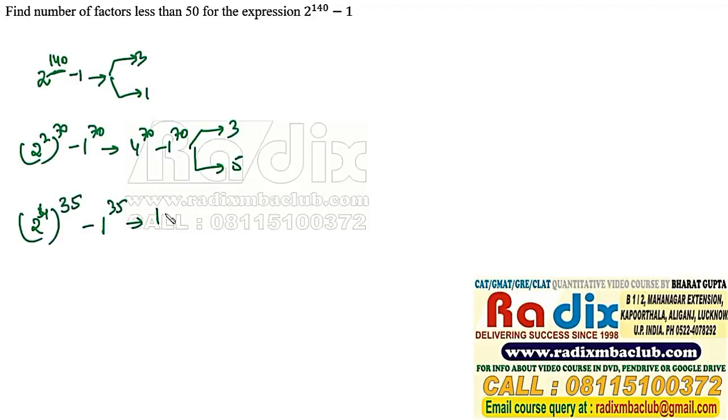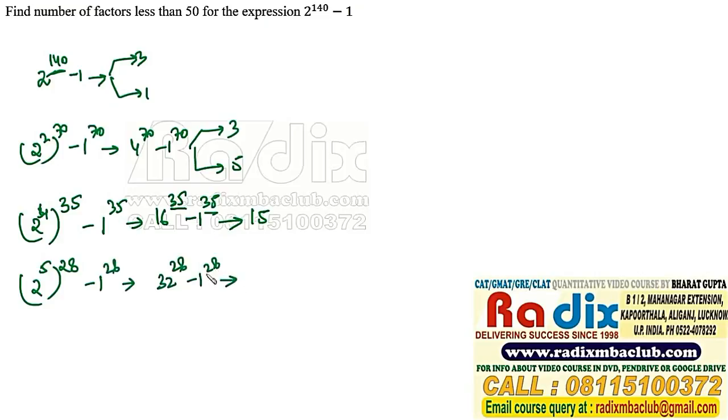Now this is 16 to the power 35 minus 1 to the power 35. Now 35 is odd, and with minus it is divisible by their difference, 15. Now then 2 to the power 5 minus 1 to the power 28. This is 32 to the power 28 minus 1 to the power 28. Now, because this is an even power, it is divisible by 31 and 33.